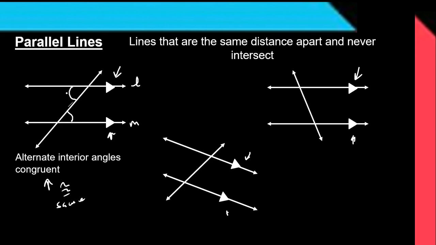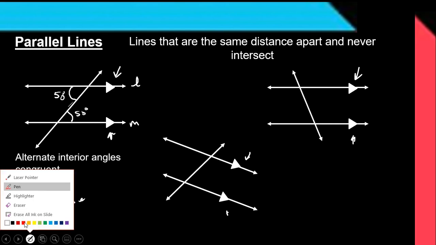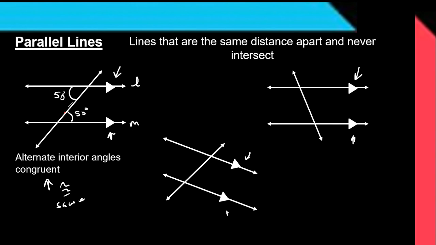If this angle, for example, was 50, this angle here is going to be 50. Another example of alternate interior angles is this obtuse angle and this obtuse angle. They are also congruent. A nice way to remember it is that it makes the letter Z. It doesn't matter which way your parallel lines are, that's alternate interior angles.